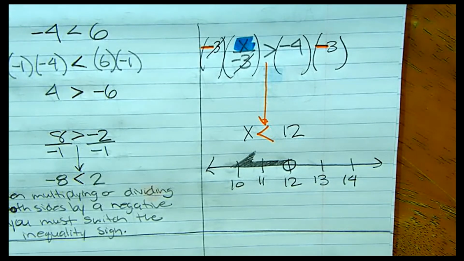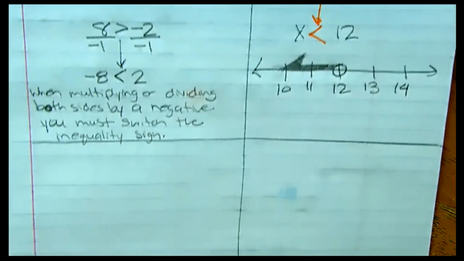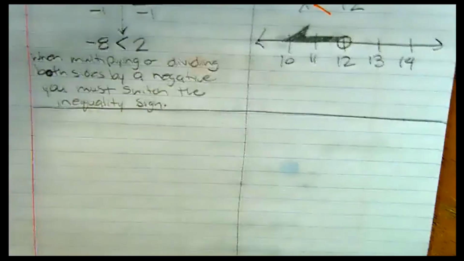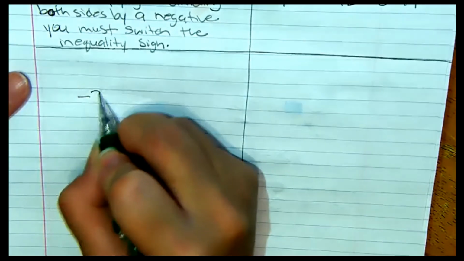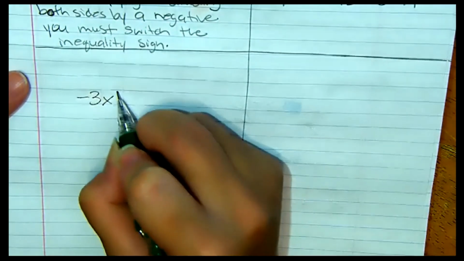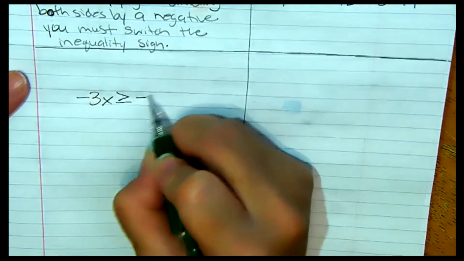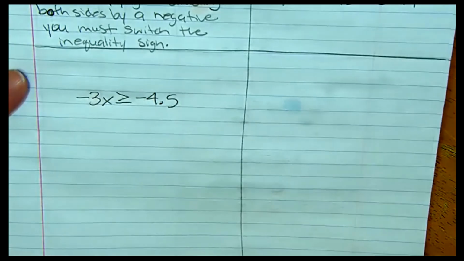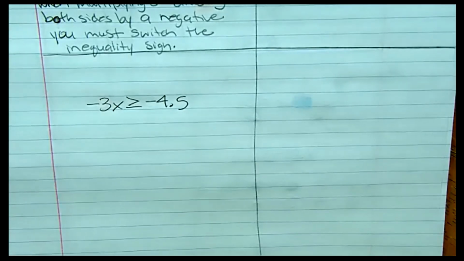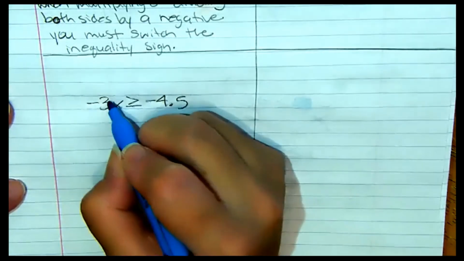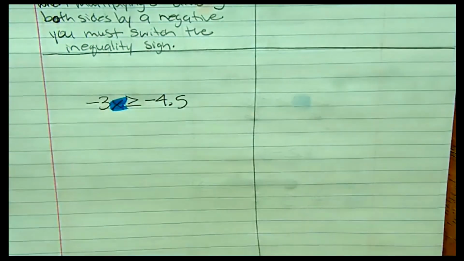Okay, let's do another one. -3x is greater than or equal to -4 5/10. So I still need to isolate my variable.